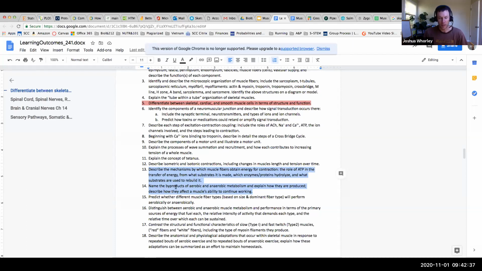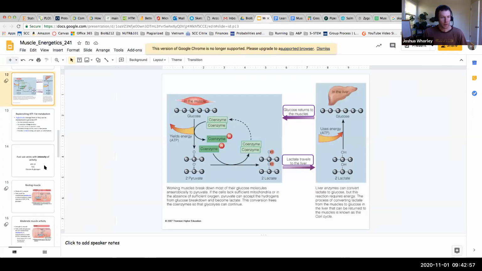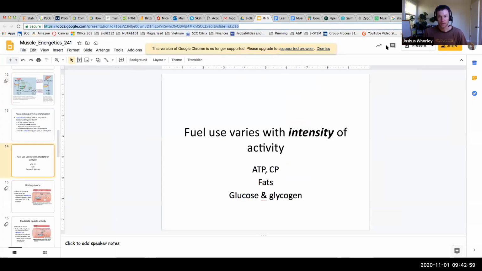So we're going to be thinking about what fuel is used and when, during what level or intensity level of activity, and what are the byproducts of both aerobic and anaerobic metabolism, and how do those affect the muscle's ability to continue working? And so how does it impact muscle fatigue, right? Okay, now jumping back over here, we've got our fuel use varying with intensity of activity. So let's talk about those different intensities.